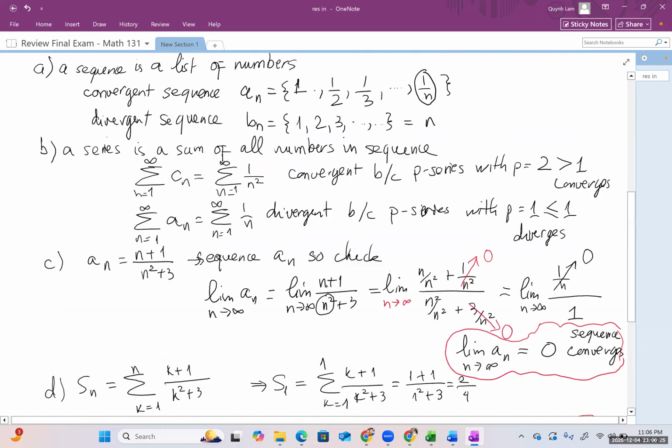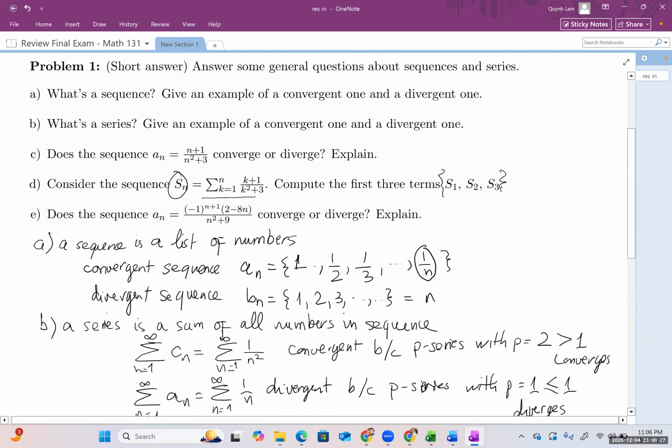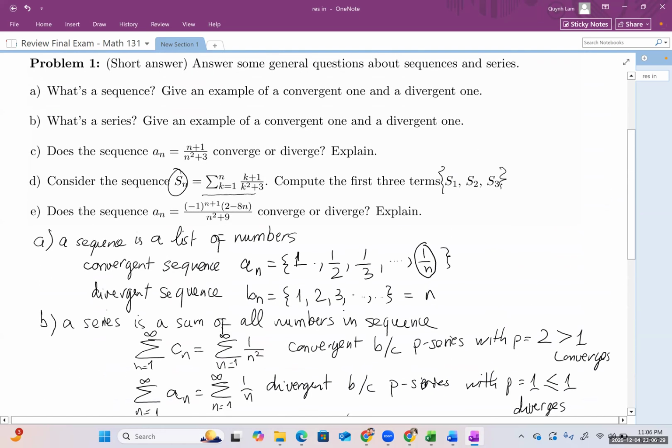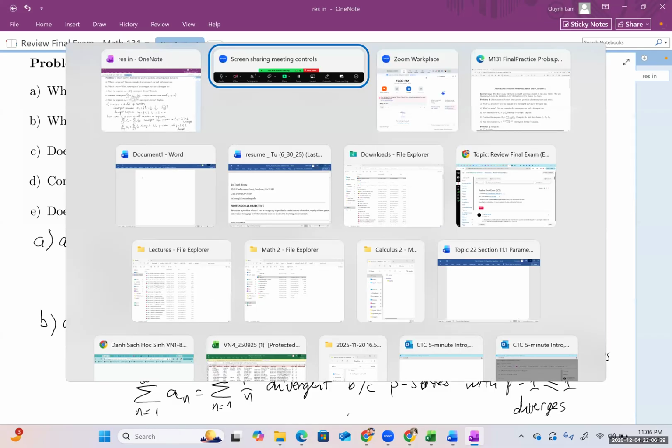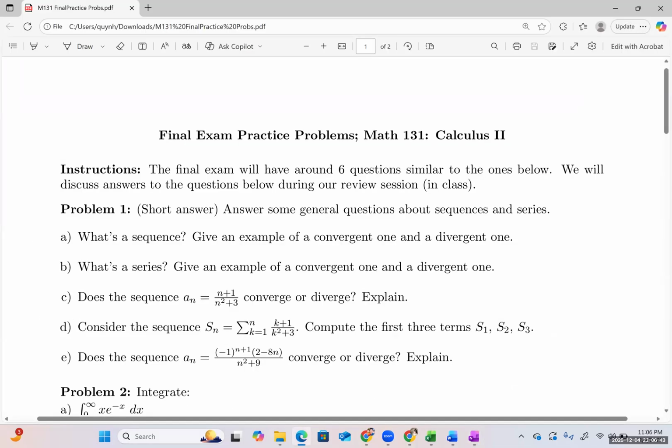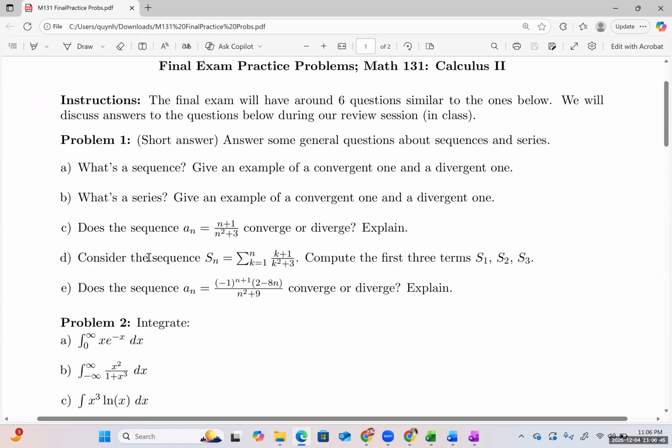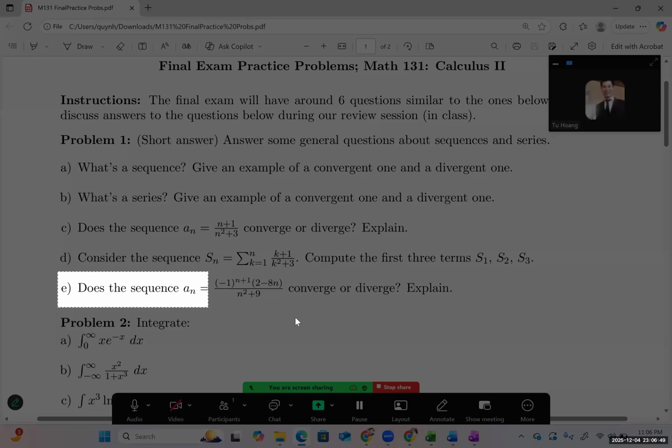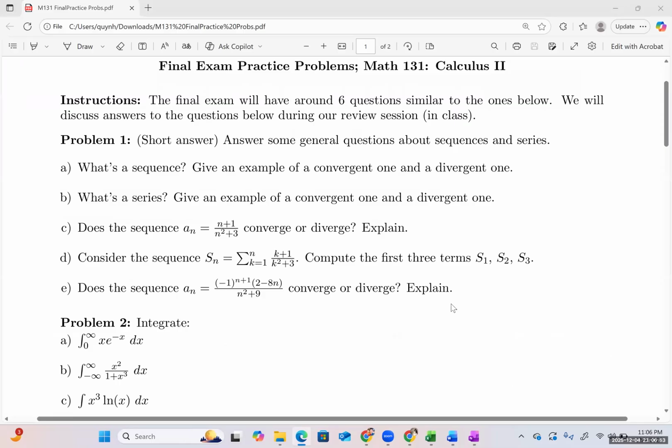For E, it just asks us whether this sequence converges, right? I'm going to go ahead and screenshot this to make it convenient.